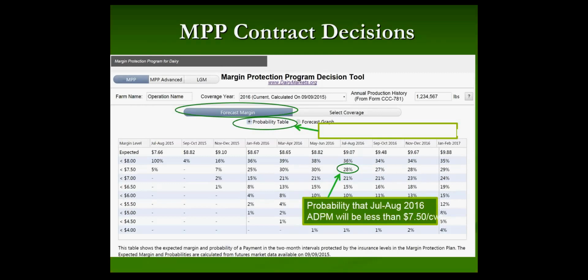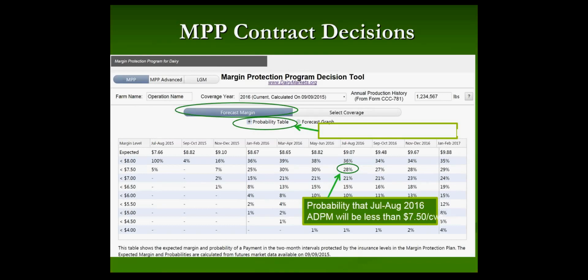What this percentage is saying is, if we look at a $7.50 margin on milk minus the feed cost, in this July-August two-month time period, based upon the market as of 9/9 when this slide was made, there's a 28% chance that this margin is going to be $7.50 or below.